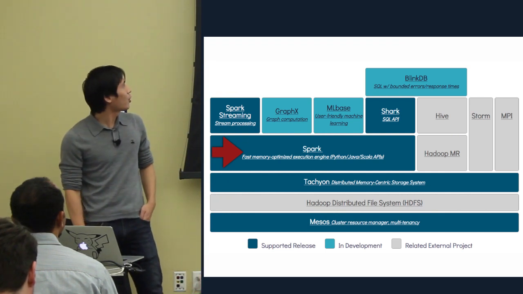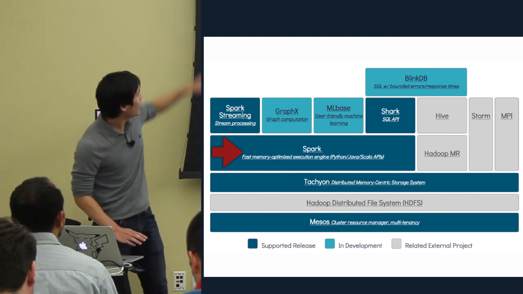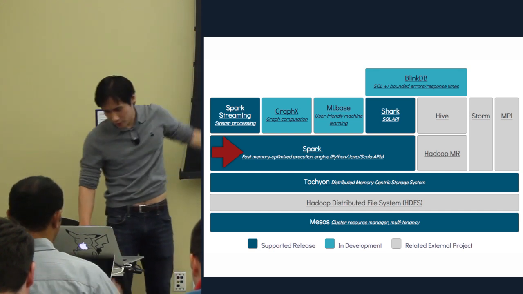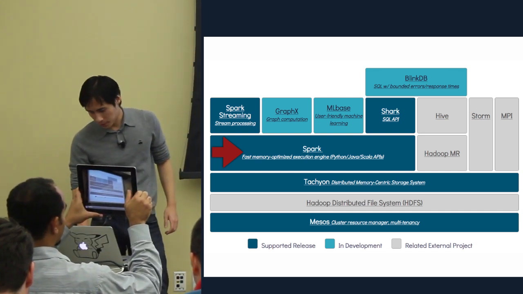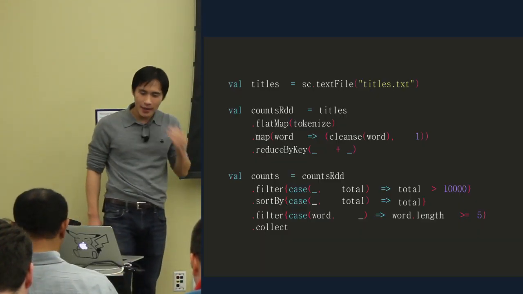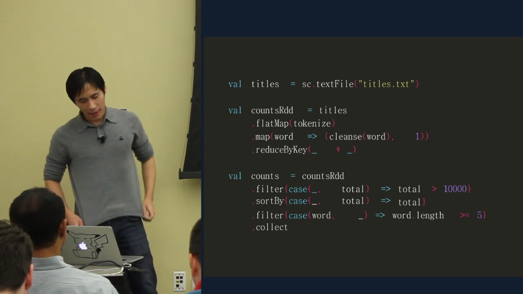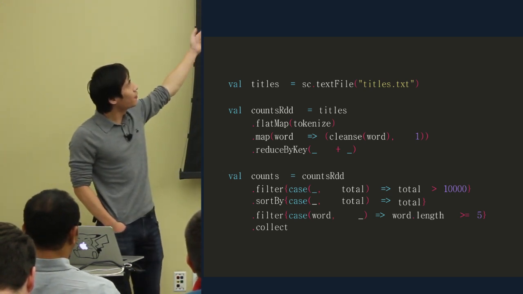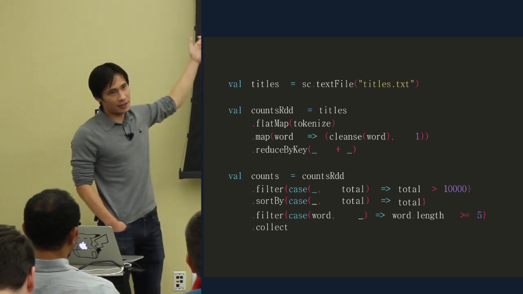So just going back to our previous diagram, I'll jump through most of these components. So we'll be looking at the core Spark API first. So here's a basic Spark shell, and I'll just walk through it quickly. We load a text file from the Spark context, which is what SC stands for.